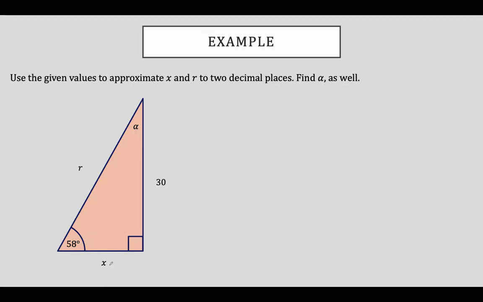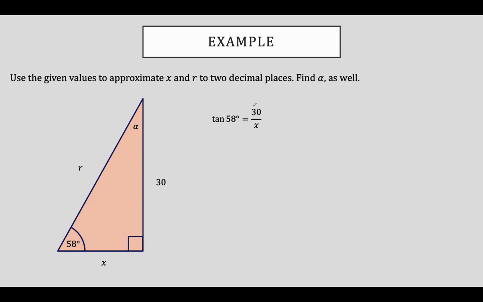Well, is there a trig function that relates opposite and adjacent sides? Yes, that would be our tangent trig function. The tangent of 58 degrees has to be equal to 30 divided by x, right? To evaluate the tangent of 58 degrees, we take the ratio of our opposite side divided by our adjacent side.